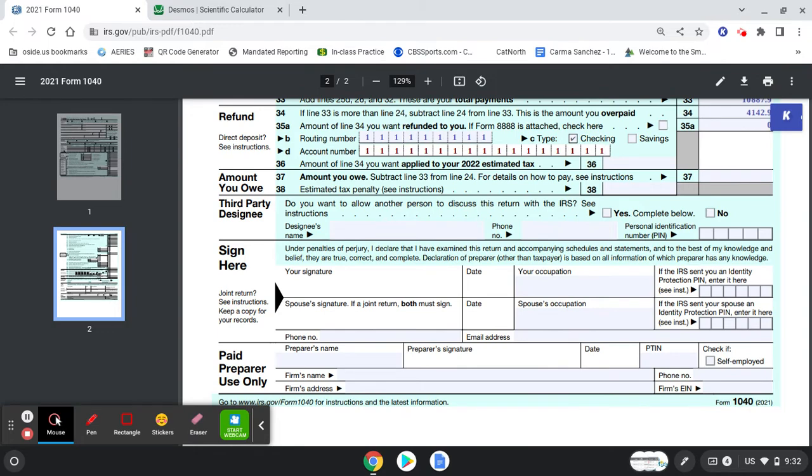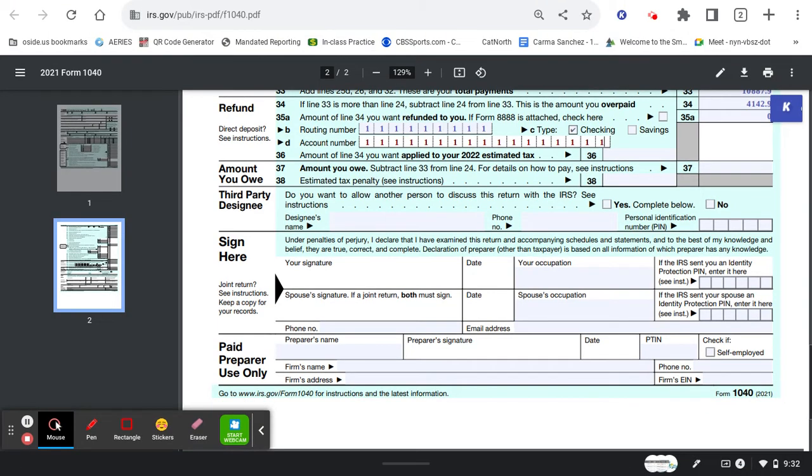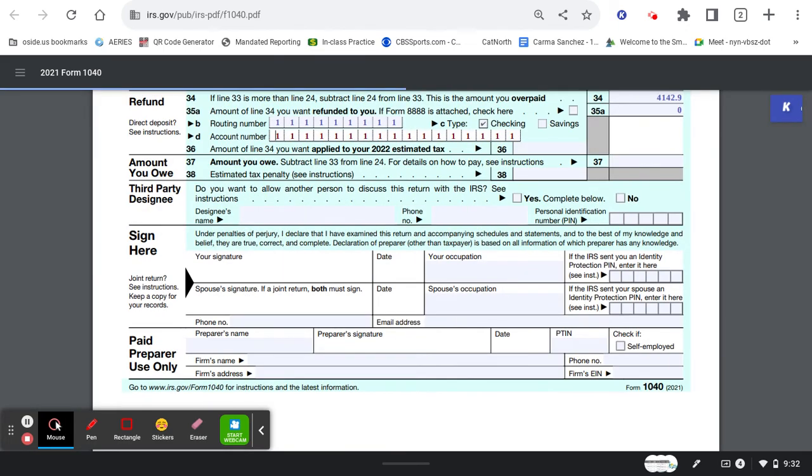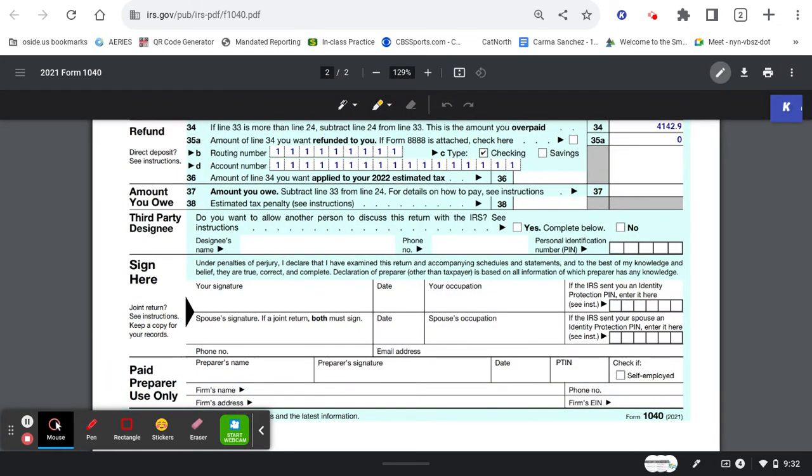And then we always sign our return. John Doe. He is an admin assistant. I don't know, we're making it up. And then Jane Doe.